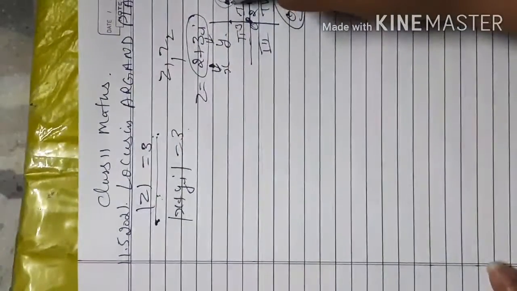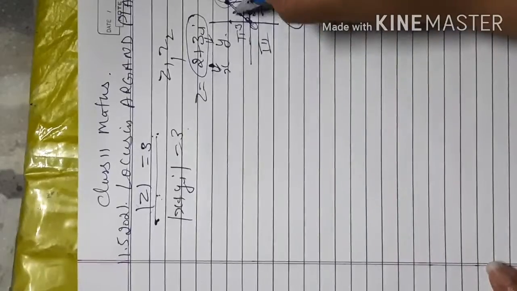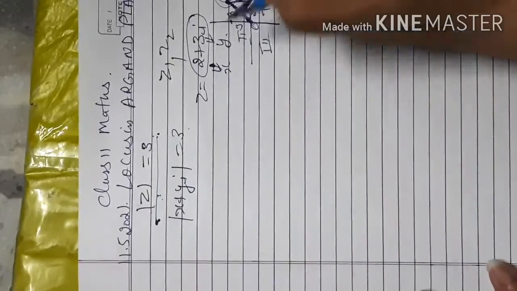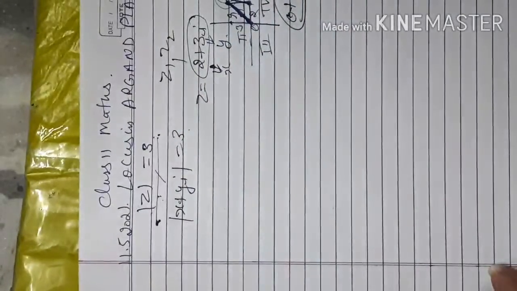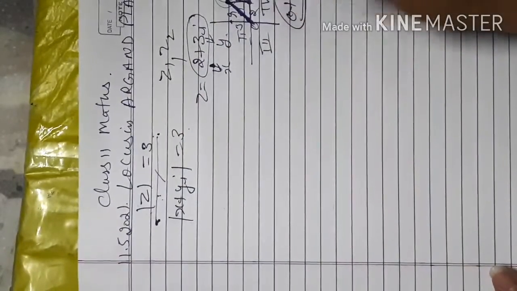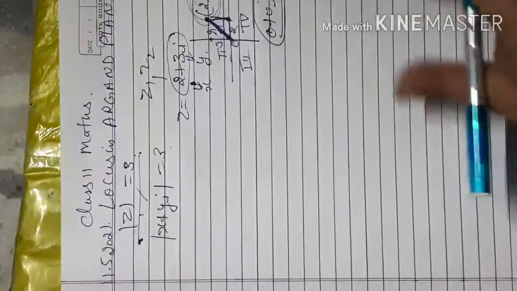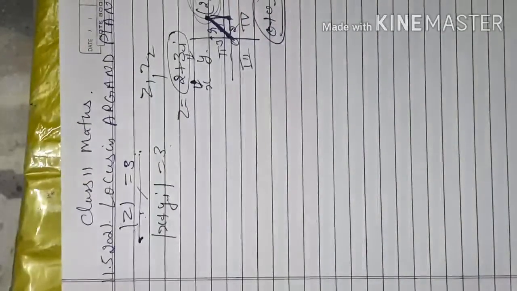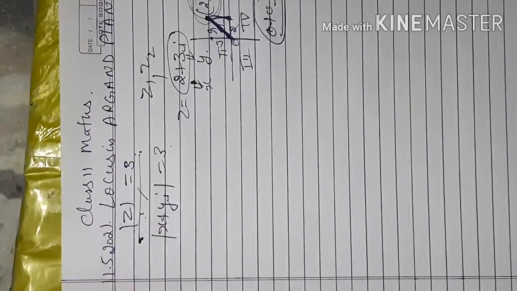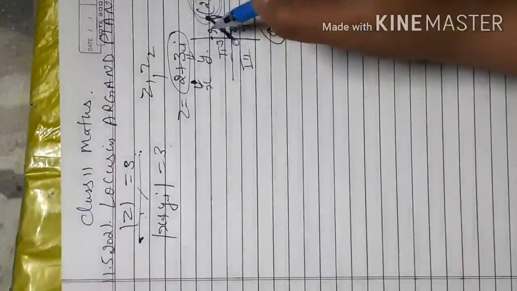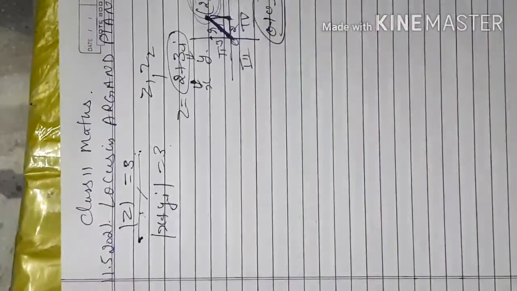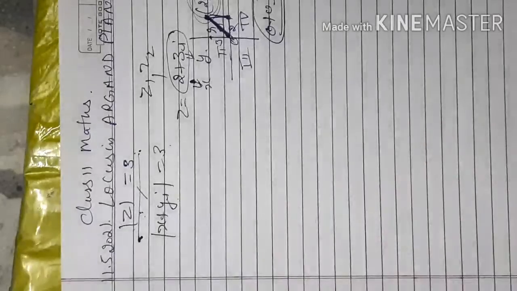This is my modulus r. I already told you before that the modulus of the complex number is the shortest distance from the fixed point. That is your r, which we did in polar coordinate form. So the distance from the point is 3.